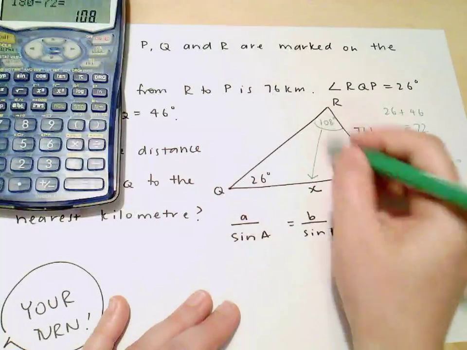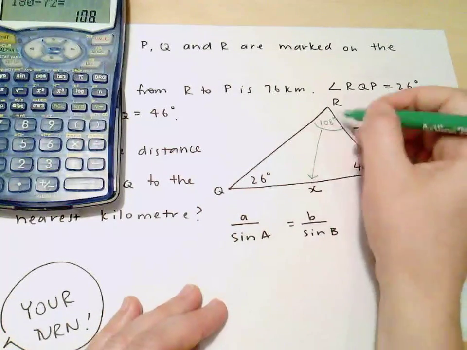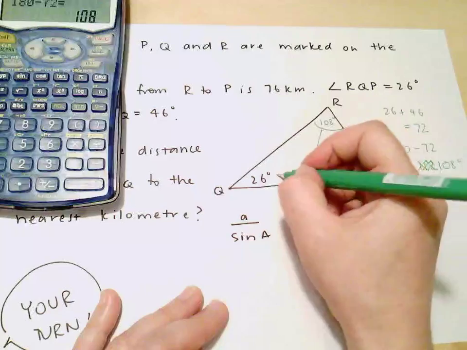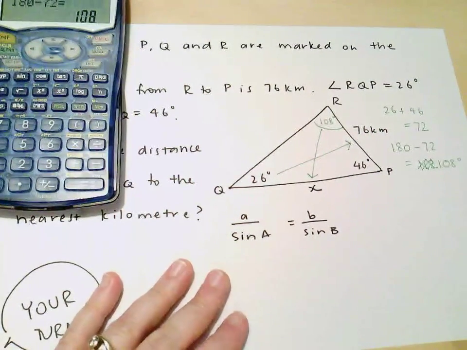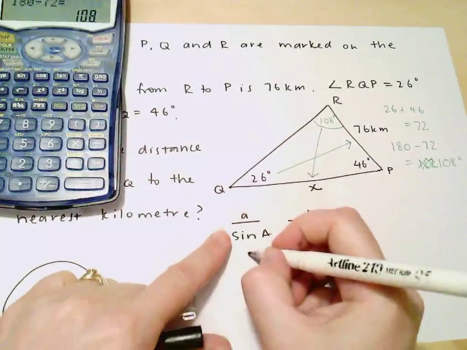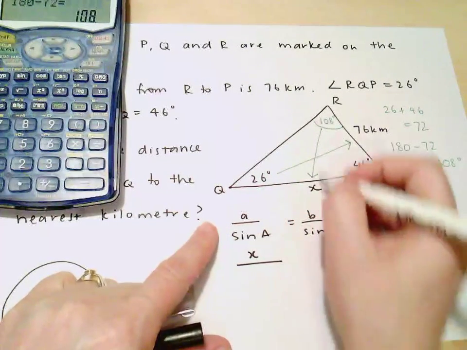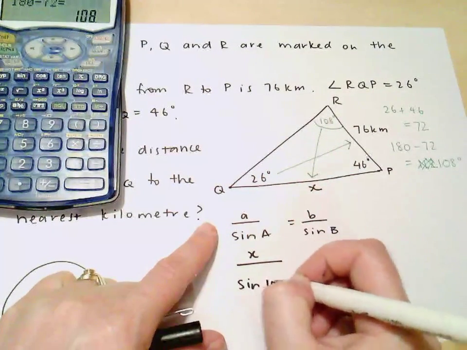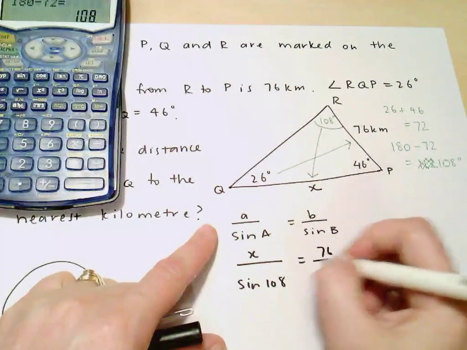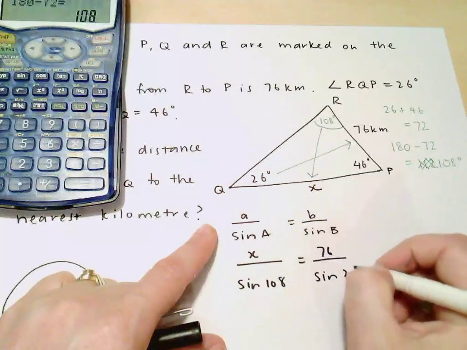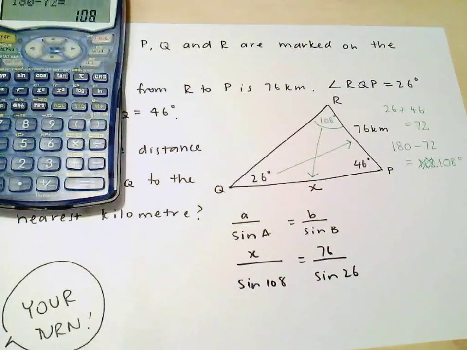So then I'm going to identify this one pairing here. Here's my other pairing across here. Then of course I do my substitution. So I substitute in my unknown at the top, sine 108, my other side at the top, my sine of 26, since that's the opposite pair.